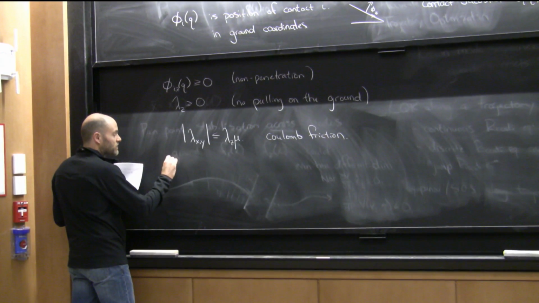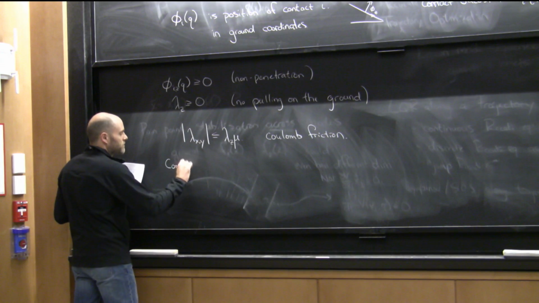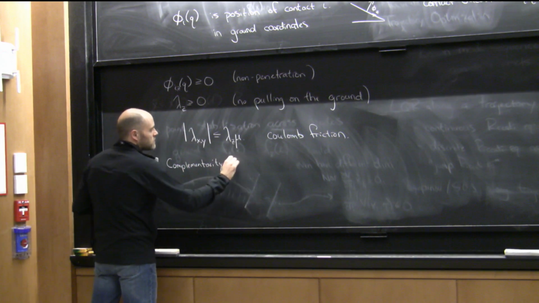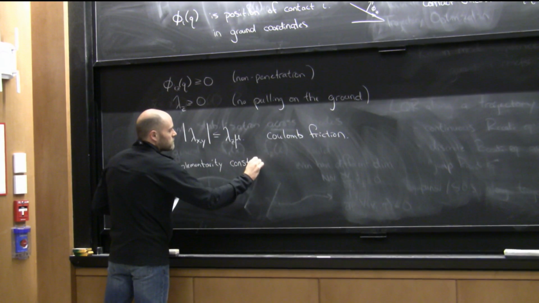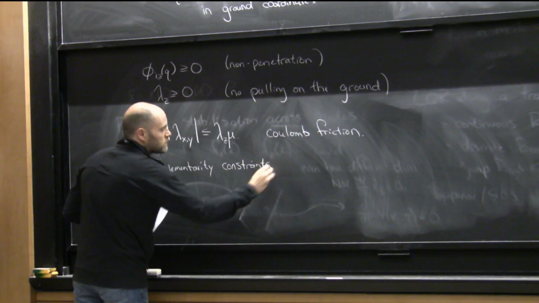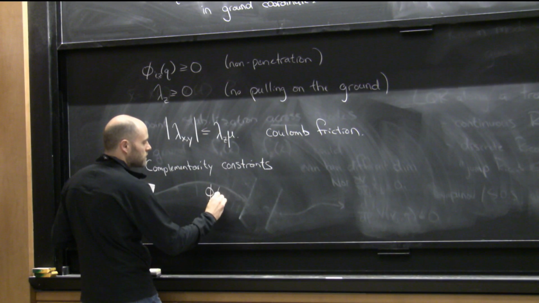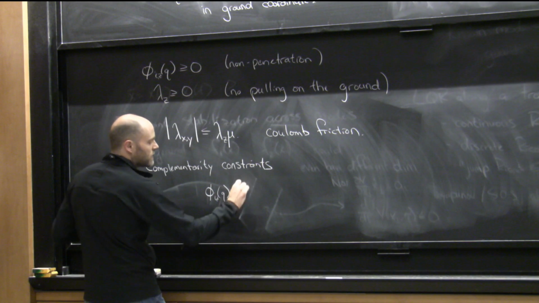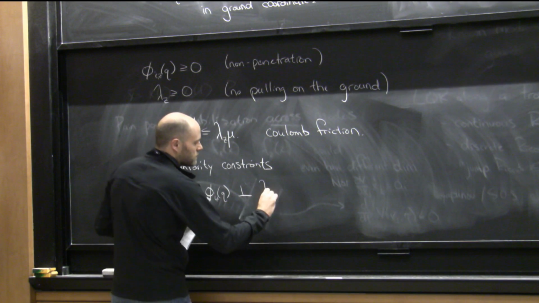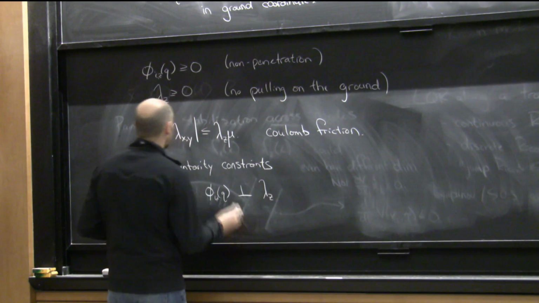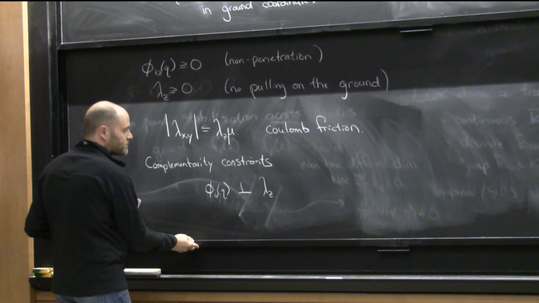And that's going to be done with complementarity constraints, which are often written like this: phi I of z of q perpendicular to lambda z, and we already have that they're greater than or equal to 0.